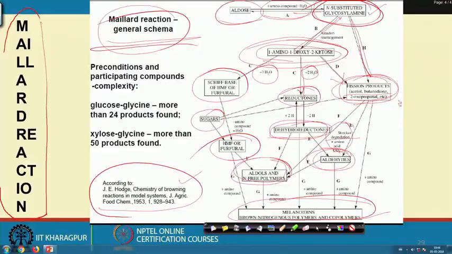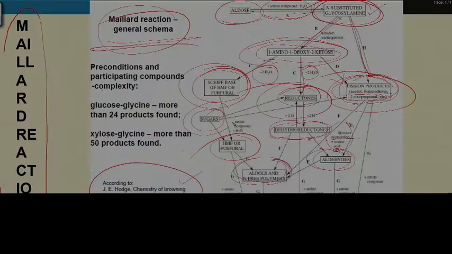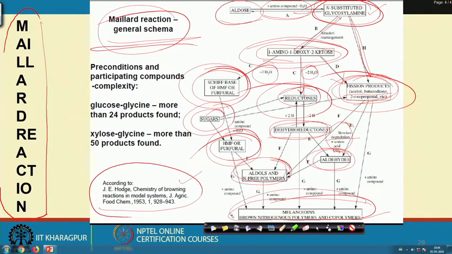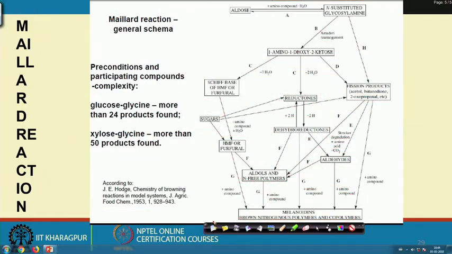It can stop here, it can stop here, or some or all of them might have been produced. So that is the beauty of this reaction, this Maillard reaction and caramelization that may happen, right.